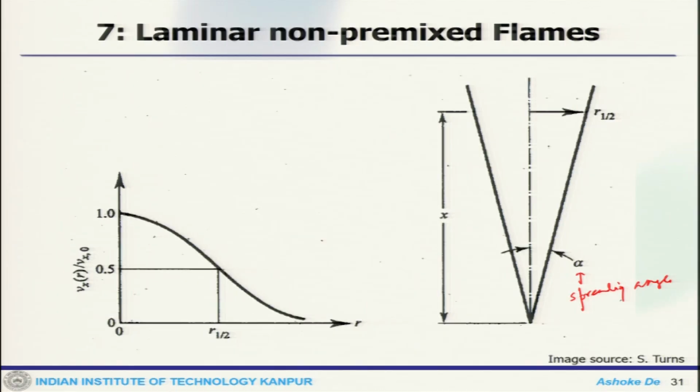So, one can look at that, and this is my Vx by Vx0, how it varies with the R, that means along the radial direction. So, these three quantities, the spreading rate, spreading angle and half width, are very important when you characterize the jet or rather jet flows.